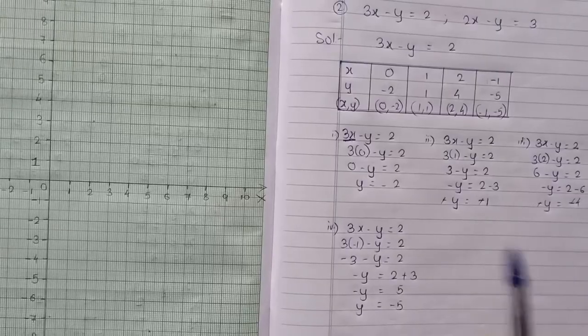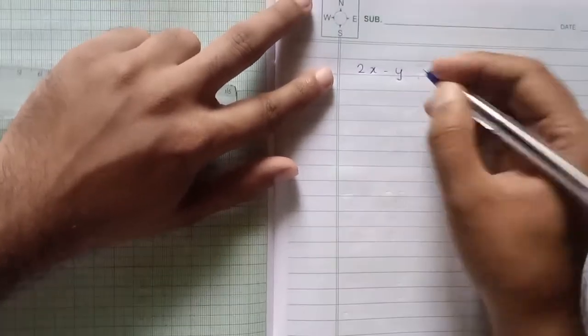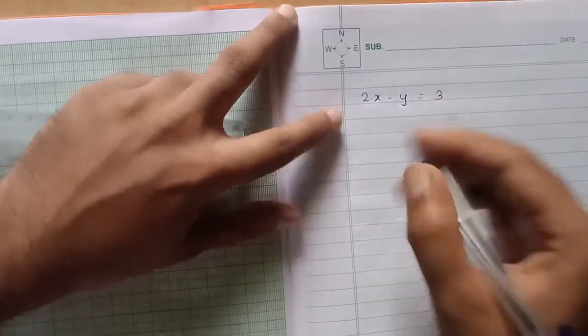Now we have to find the points of the other equation. Okay, so I write the equation on the next page. 2x minus y is equal to 3.